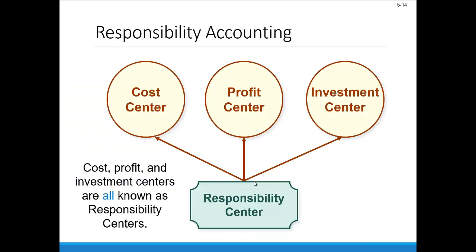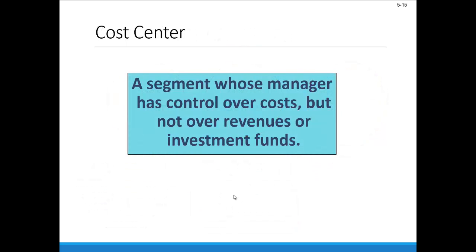Now, with this idea of responsibility accounting, we have what's called responsibility centers. And there's really three types. There's cost centers, profit centers, and investment centers. A cost center is any segment or part of the organization whose manager has control over cost, but not over any kind of revenue or investment funds.